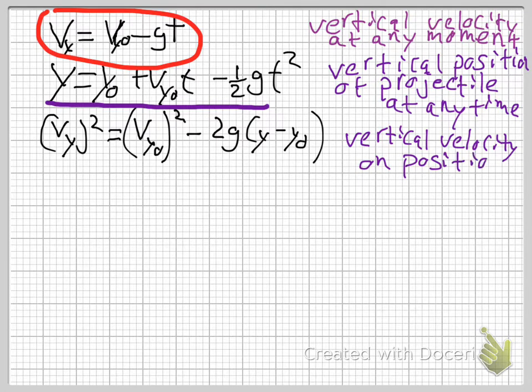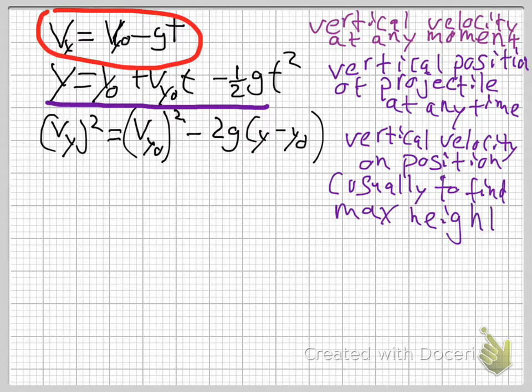So this is if you don't know time. And generally you will use this to find the maximum height. Okay.